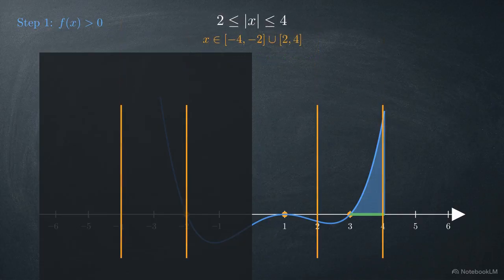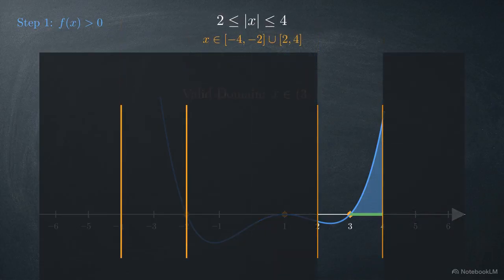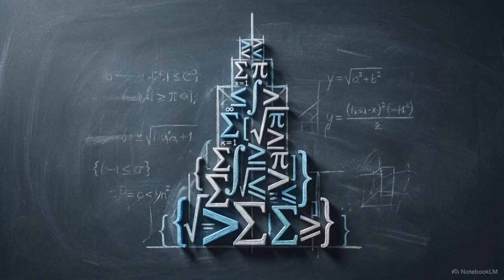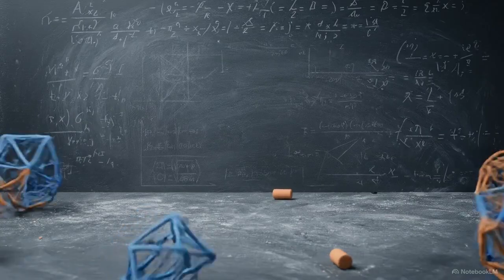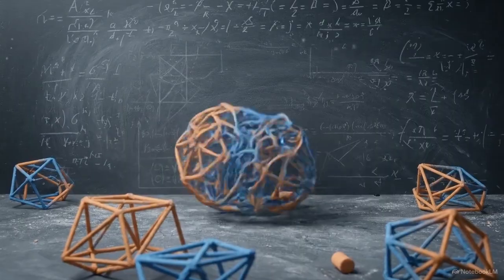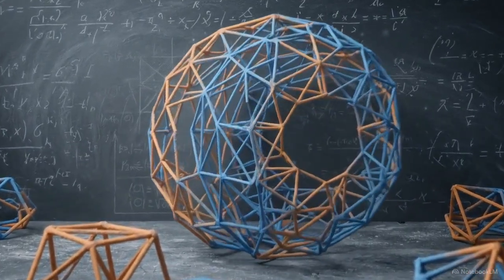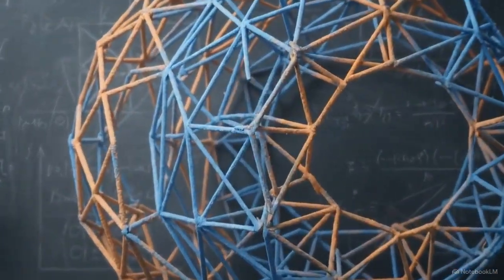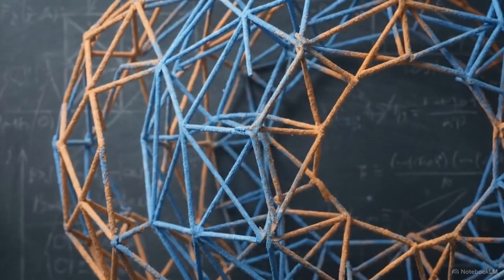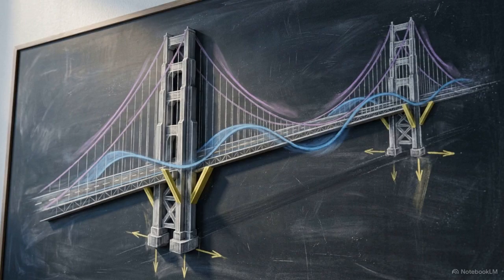Finally, we enforce the spatial boundaries, using the modulus piecewise split to narrow the valid intervals. Advanced mathematics functions as an architecture of overlapping logical constraints. Visualizing these complex overlapping constraints reveals the specific, safe operational ranges, where a theoretical model remains entirely valid and mathematically sound. These deterministic rules, the wavy curve, log bases, and piecewise boundaries, provide the structural logic required to calculate and maintain precise physical models.